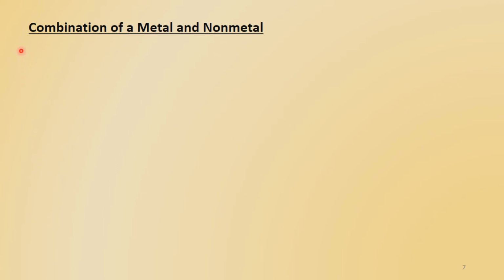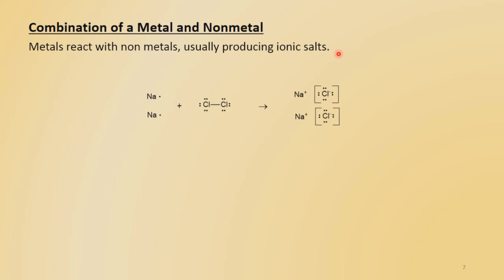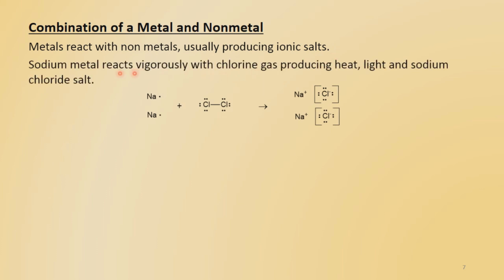So the last combination reaction we're going to look at is that of a metal and a nonmetal other than oxygen. That would produce an ionic salt. Let's look at a familiar example of sodium metal, which reacts vigorously with chlorine gas to produce heat, light, and sodium chloride.